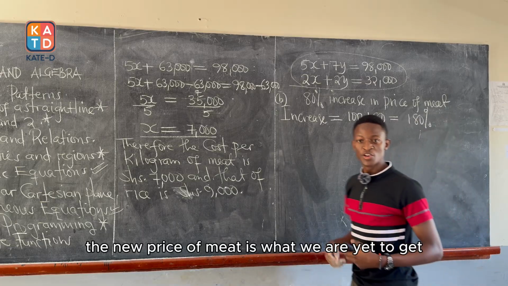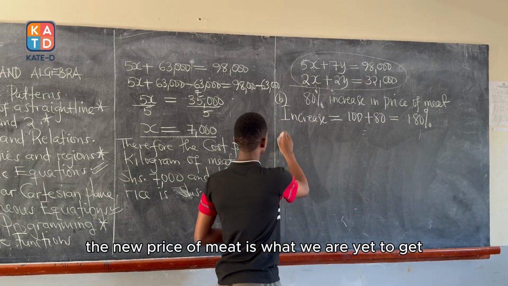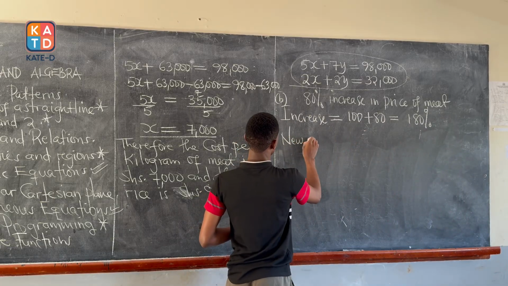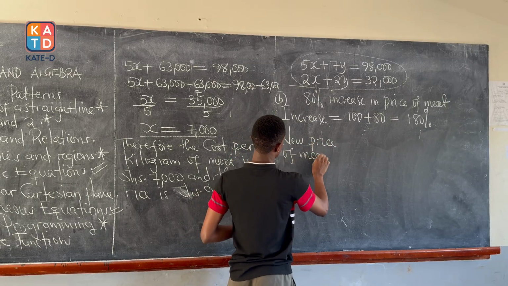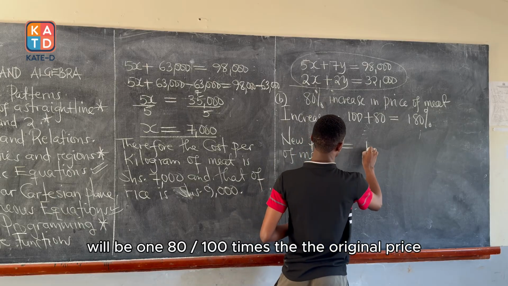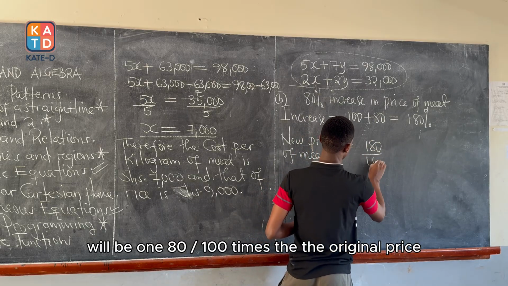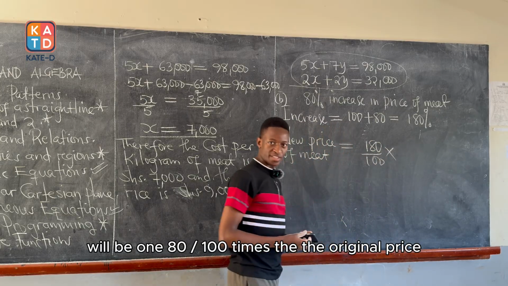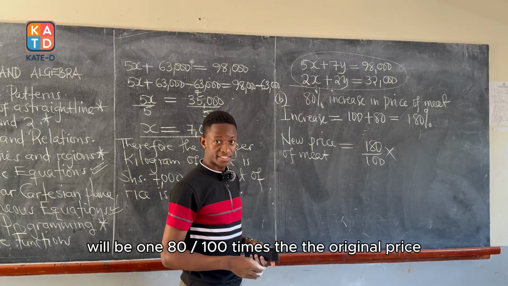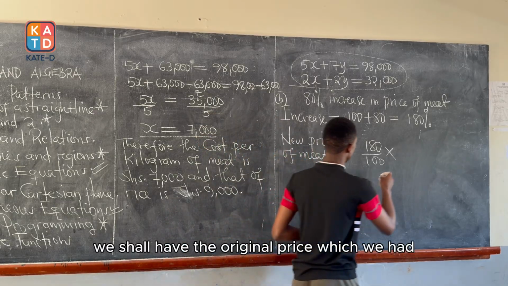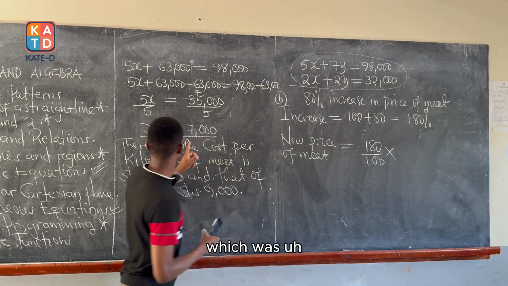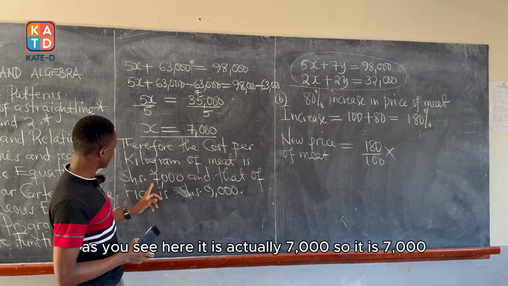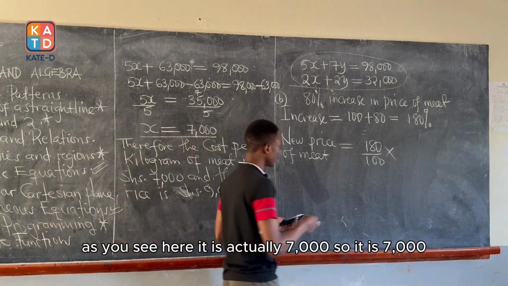So in actual sense, the new price of meat is what we are yet to get. New price of meat will be 180 divided by 100 times the original price. So the original price which we had, as you see here, is actually 7,000.